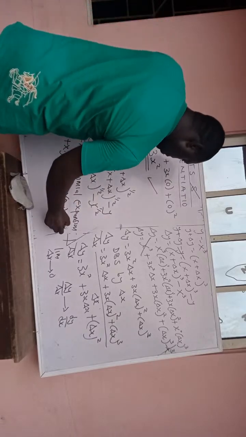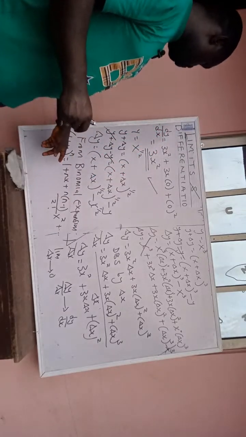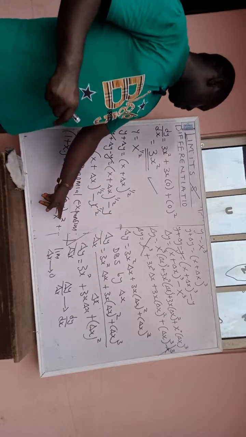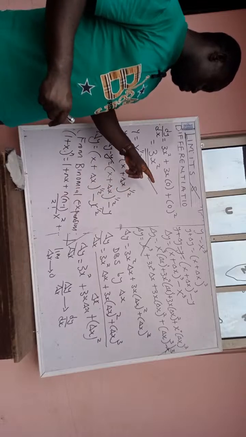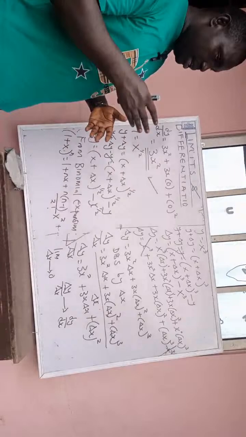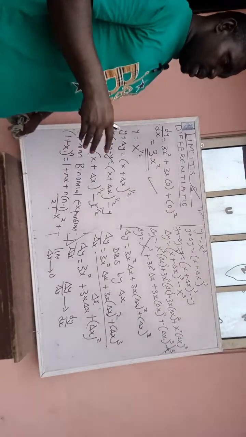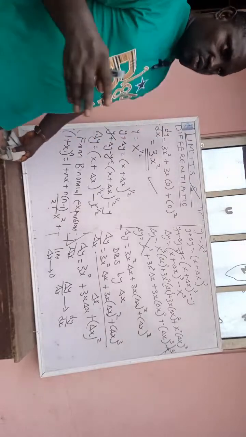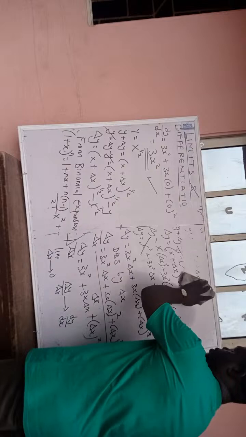So I could continue like that. If I were to do another one, it will now be n(n minus 1)(n minus 2) over 3 factorial. 3 factorial simply means 3 times 2 times 1. 4 factorial means 4 times 3 times 2 times 1. So now we are solving this. I'll quickly do this now.